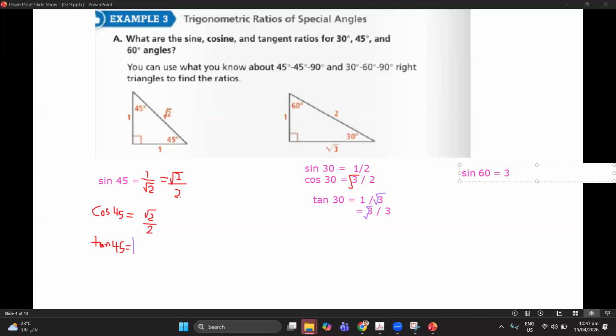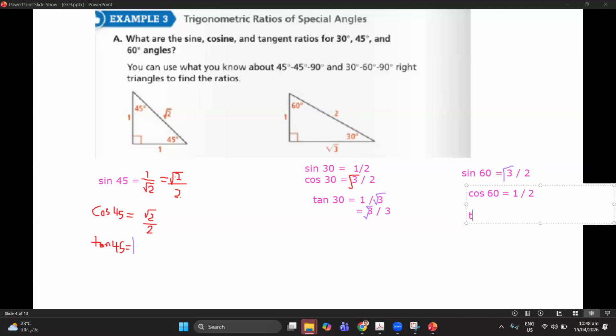It means that it's square root of 3 over 2. If you compare, it's the same thing. Sine of 60 is the same as cosine of 30. Now, what about cosine of 60? It's equal to sine of 30, which is 1 over 2.